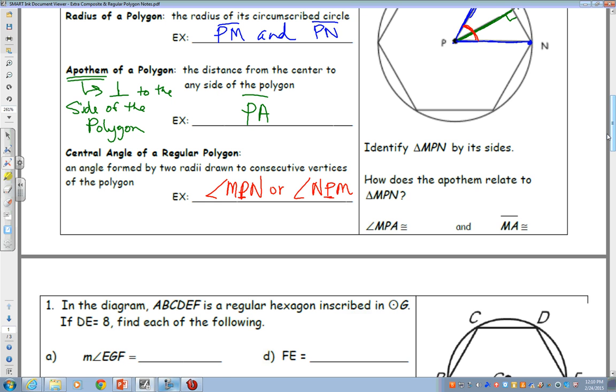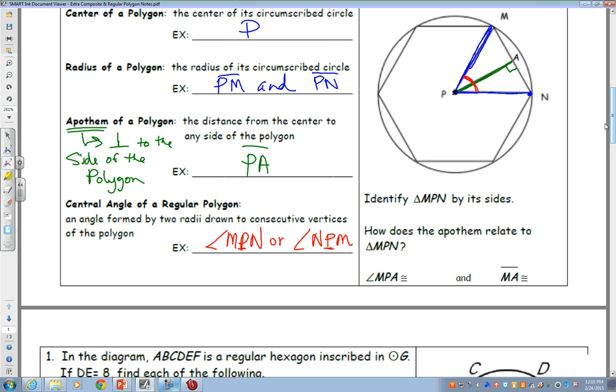Now, do you see the triangle that is created in the interior of the polygon? They already told us: MPN. So we have M, P, and then N. They want to know what type of triangle that would be by its sides.